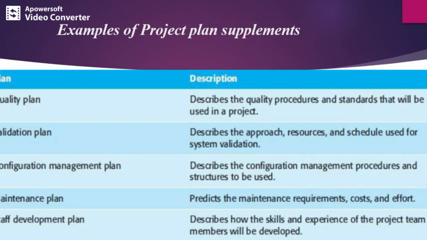Next, maintenance plan. Here a plan should be set to describe how we are going to maintain the software. You need to specify the requirements for maintaining the software, what the cost of maintaining it might be, and what effort is required in maintaining it.